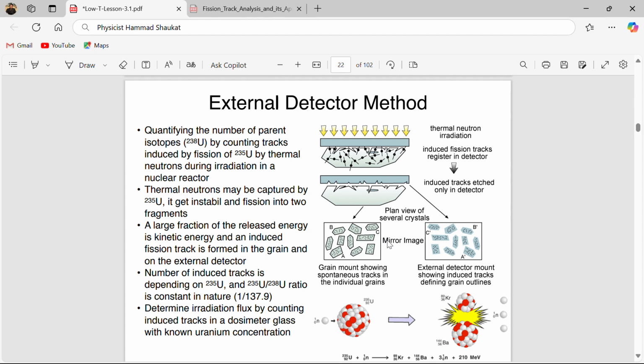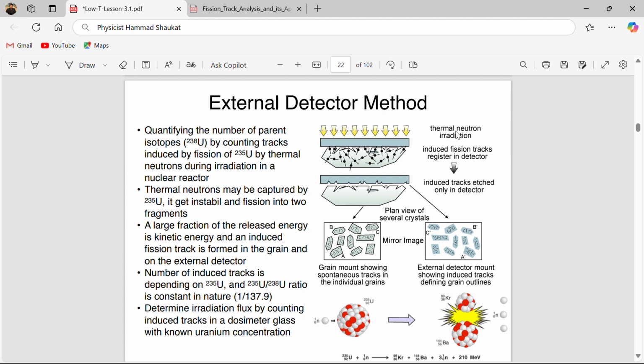A large fraction of the released energy is kinetic energy, and induced fission tracks are formed in grains and on the external detector. The number of induced tracks depends on uranium-235, and the uranium-235 to 238 ratio is constant in nature, which is 1 divided by 137.9.